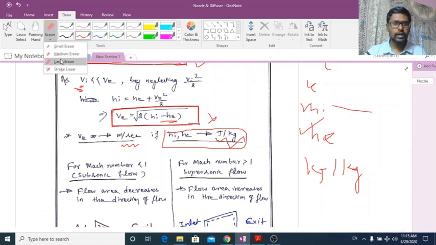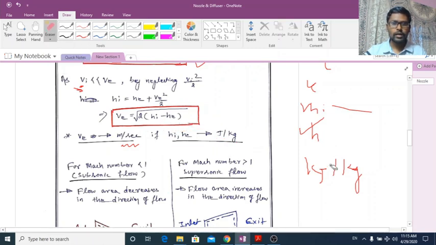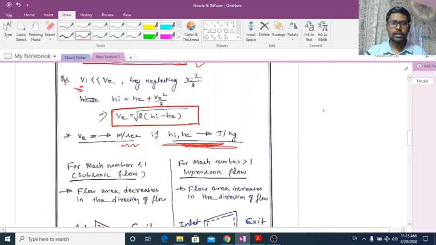So be careful with the units in the whole steady flow energy equation chapter.